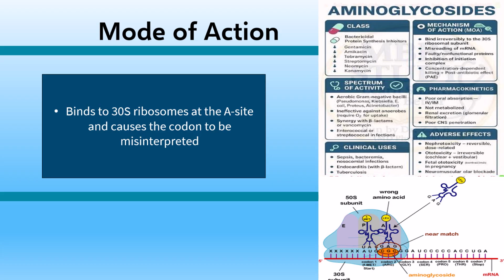When the wrong amino acid comes in, it will create the wrong protein. So this will create deficiencies in the cell membrane and open it up for attack and also make it unstable. Gentamicin is an aminoglycoside, and this is its mode of action. This is how it attacks the cell.